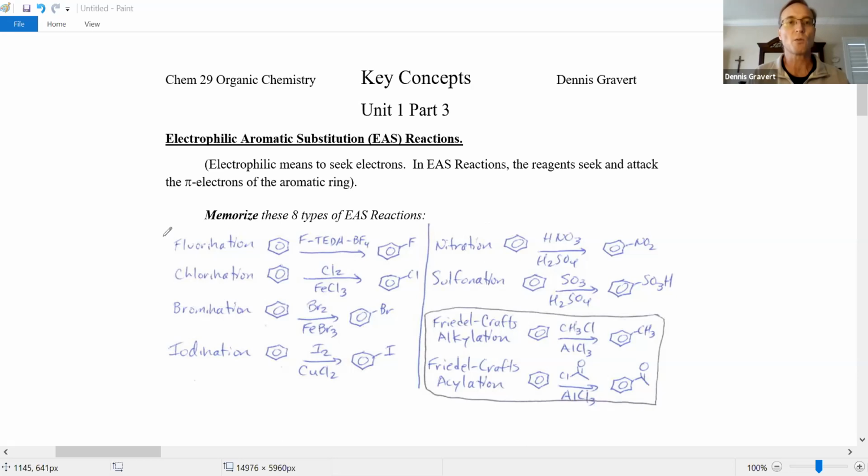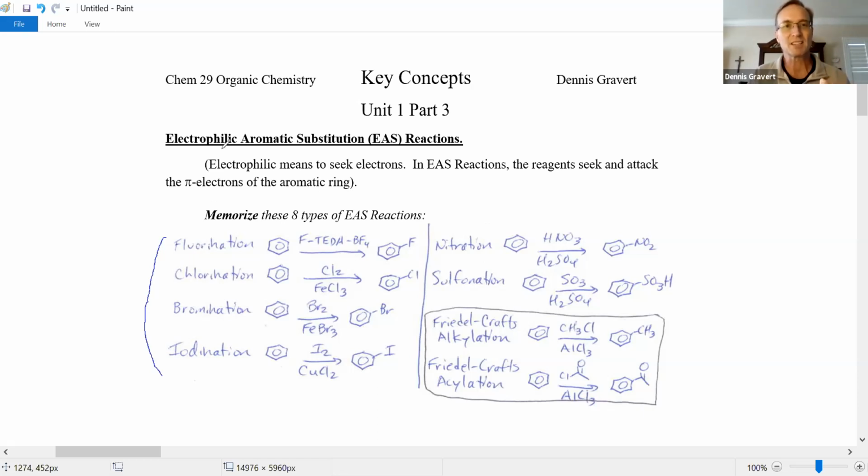There are 4 reactions that'll put a halide onto the benzene ring in substitution for a hydrogen. So we need an electrophile that consists of a halide. So the halide needs to seek electrons.